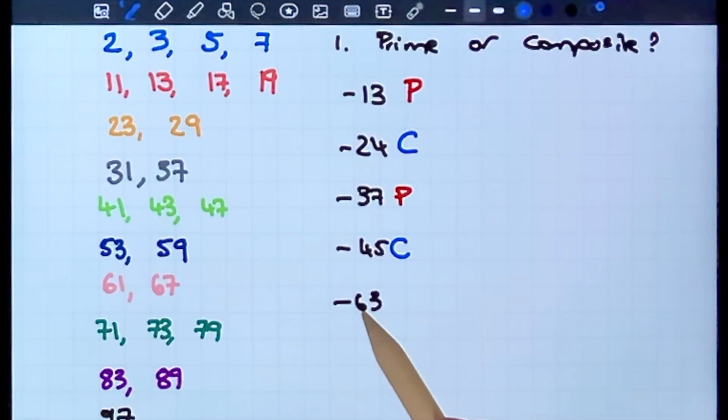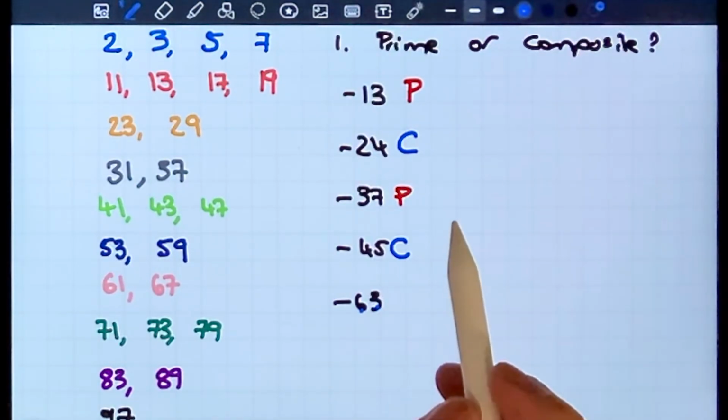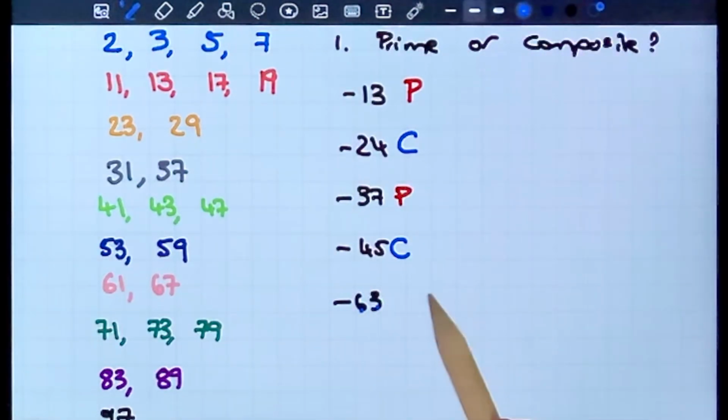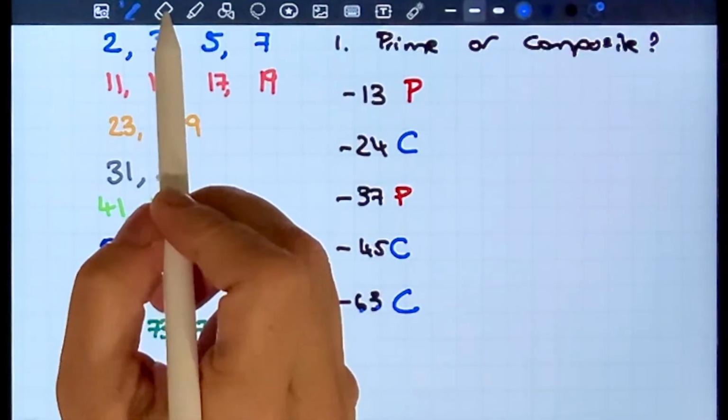I know that because 6 plus 3 makes 9, and 9 is divisible by 3. So my divisibility tests tell me that the number is divisible by 3. So that already tells me it's a composite number. And that is question 1 done.